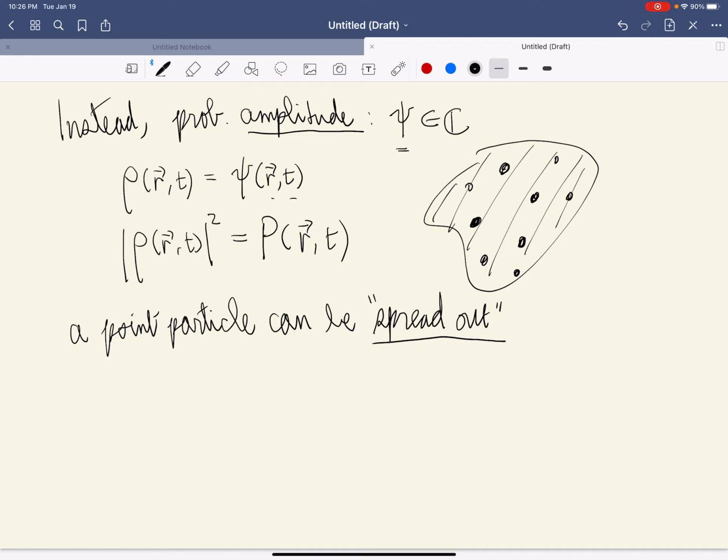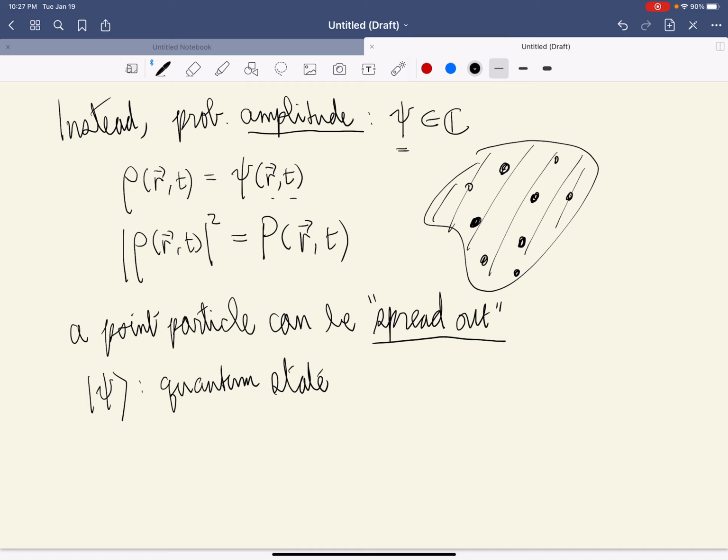Okay, so that's why I keep saying that this notion of a quantum state is something you just have to take for granted, something you have to believe in.